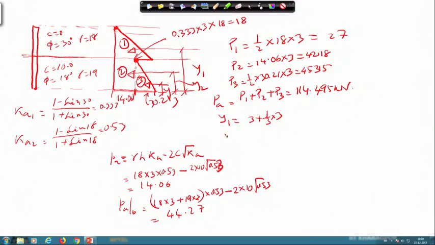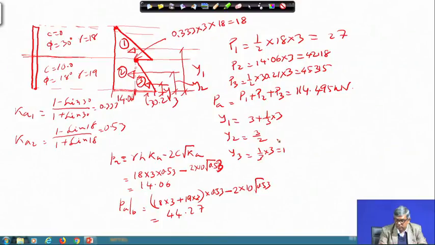So, this is the one. y 2 will be equal to 3 by 2 and y 3 will be equal to 1 by 3 multiplied by 3. So, that is 1.